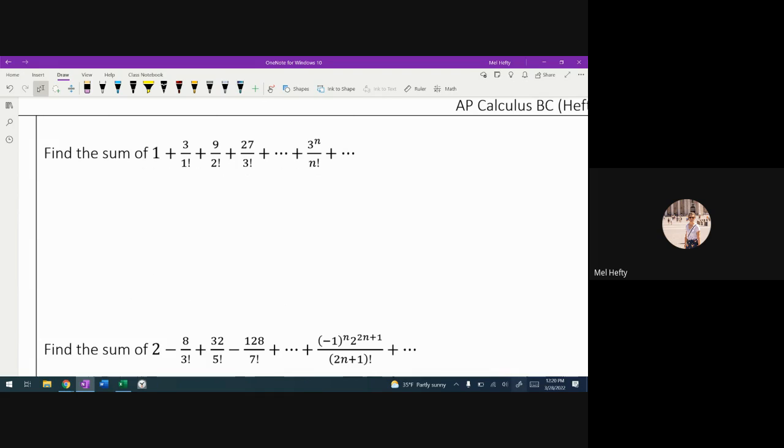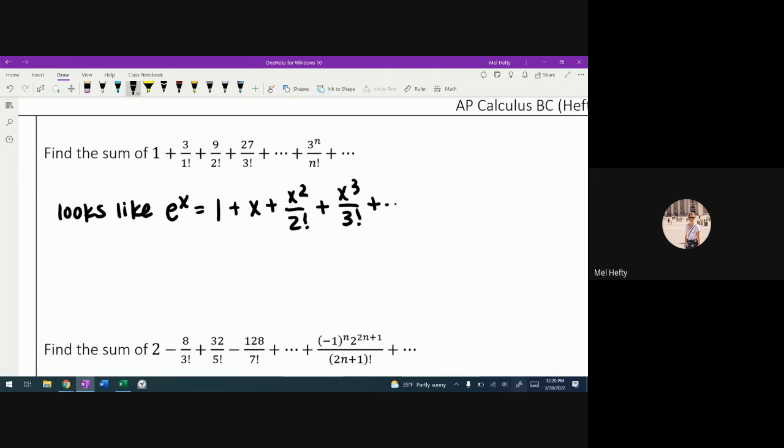Sine, cosine, and e to the x. Which one does this look like? Yes. All right, I would argue, just like you guys, that this looks like e to the x, because that's like 1 plus x squared over 2 factorial plus x cubed over 3 factorial, and so on. What does it look like x equals?